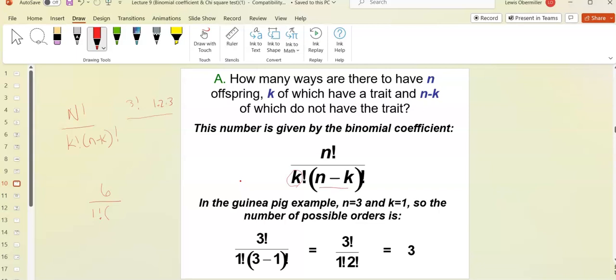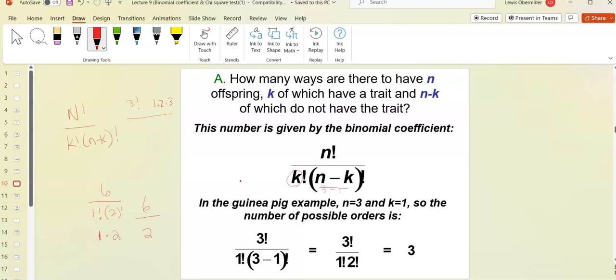So that would be n minus k factorial. So n is 3, k is 1, so 3 minus 1 is 2 factorial. And so 1 factorial is 1 times 1, which is 1. And then 2 factorial is 1 times 2, which is 2. And we multiply those together, we get 2.